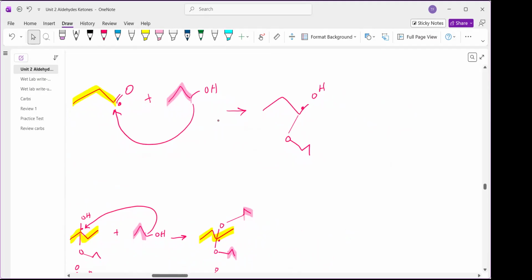So the first step is going to be to create a hemi, because they're starting with an aldehyde, we're going to create a hemiacetal. We can verify that by doing our tests.